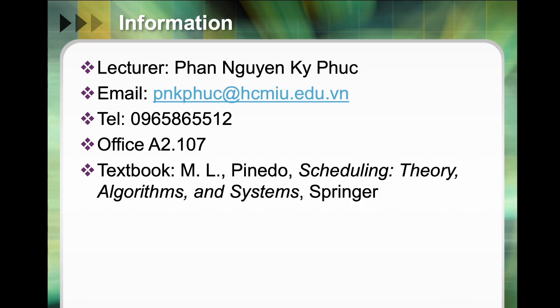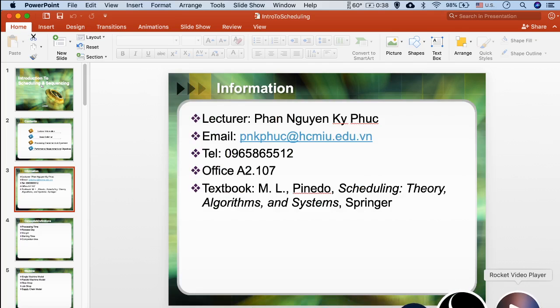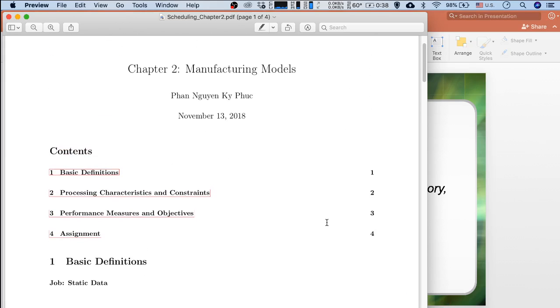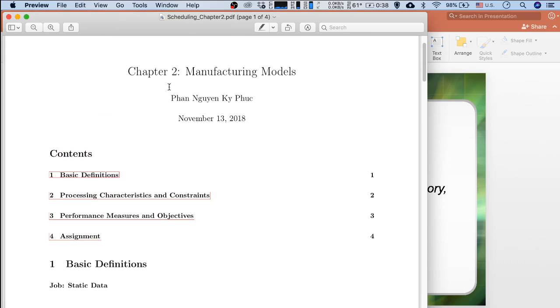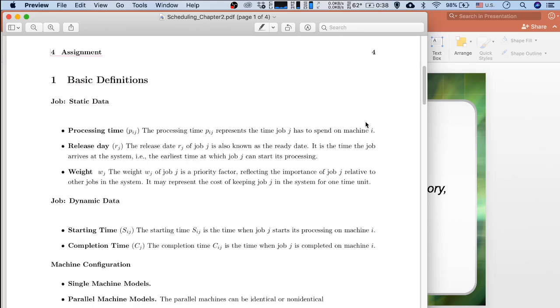During this course, we will use the book of Pinedo, Scheduling: Theory, Algorithms and Systems, from the Springer publisher. I have already prepared the lecture notes for you. The lecture notes will look like this, a summary of the content of the course.